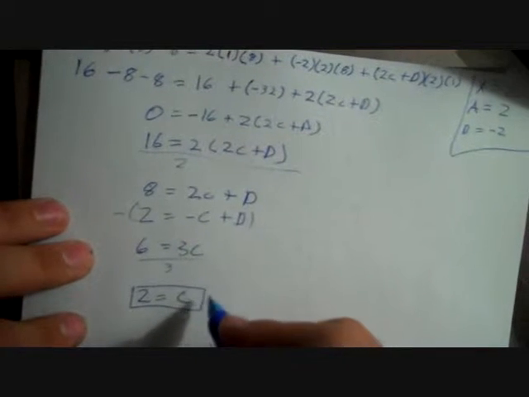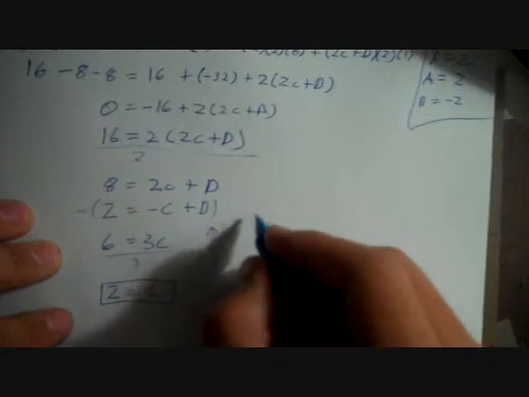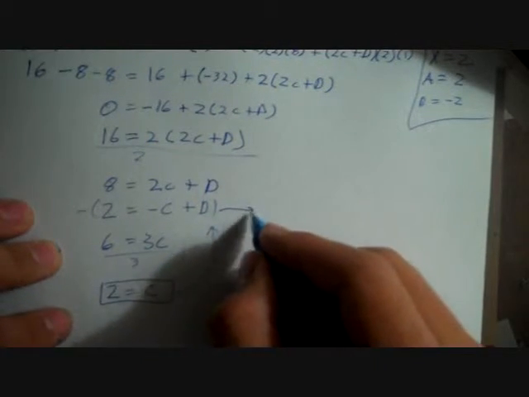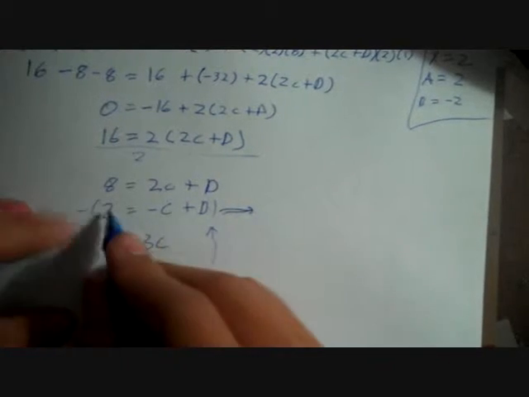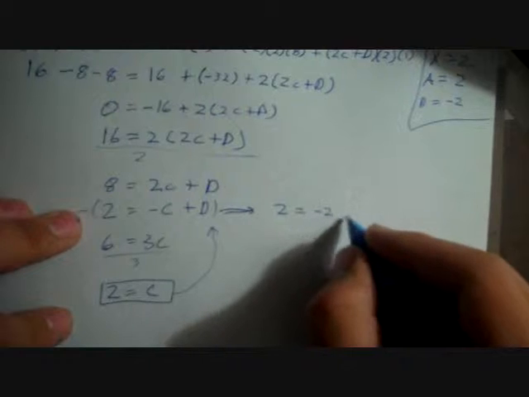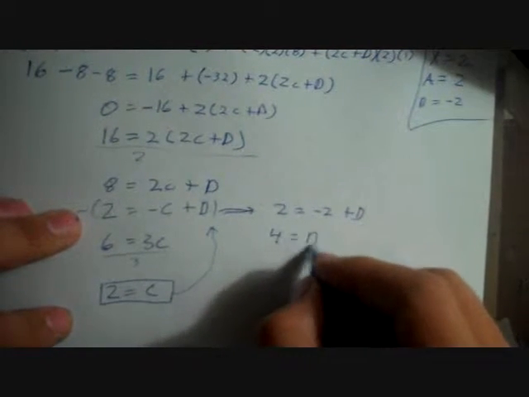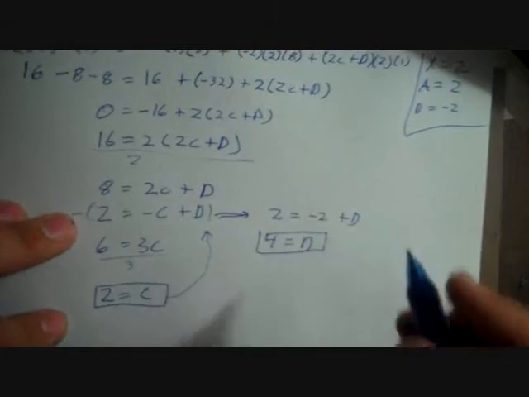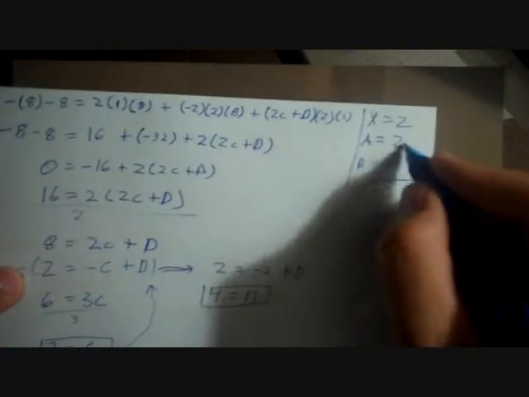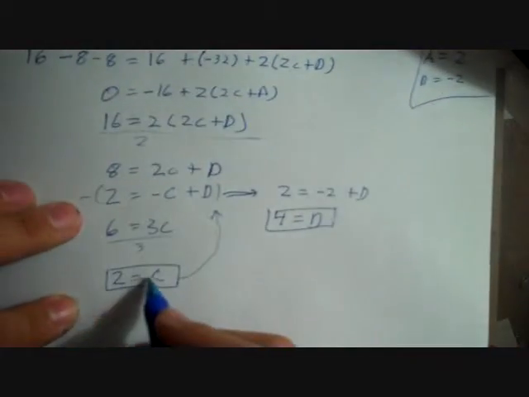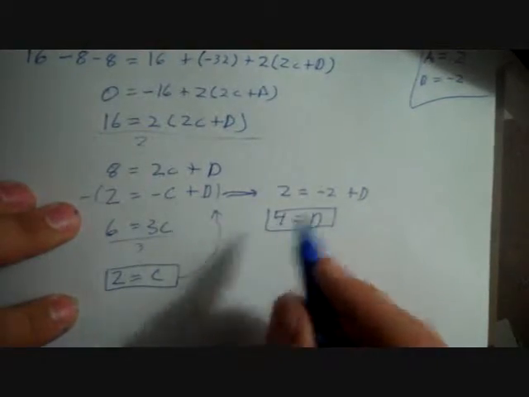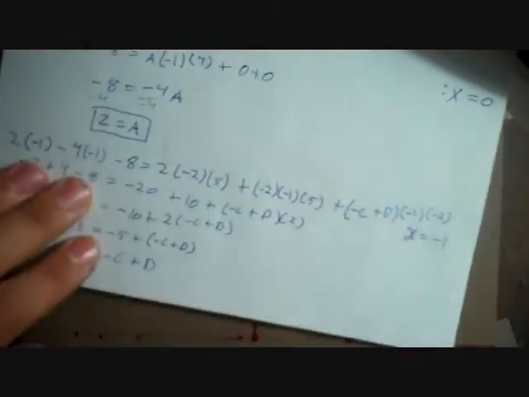And let's plug that back into one of these relations up here. So let's plug it into this one. So we'll get 2 equals negative c, so that's negative 2 plus d. Add 2 to both sides, so we get 4 equals d. So now we know that a equals 2, b equals negative 2, c equals 2, and d equals 4. So let's go back to our original equation here.